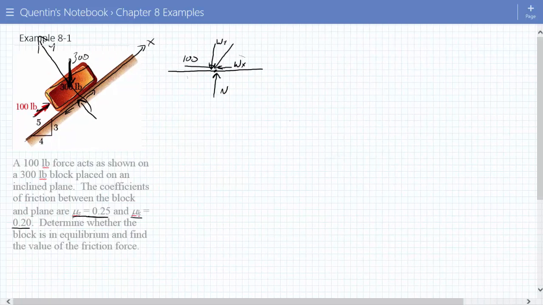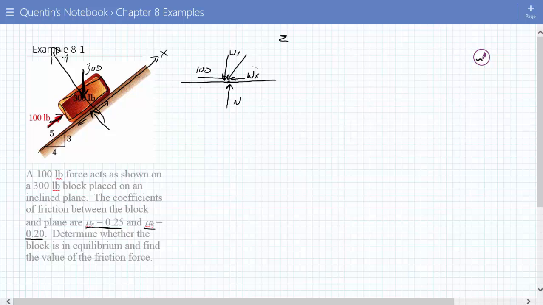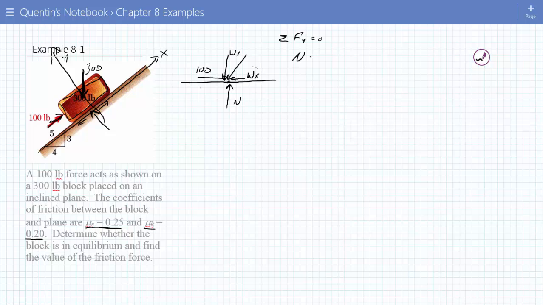Okay, so let's do some basic things. If we do sum of the forces in y is equal to 0, that says that our normal force is equal to w in the y direction, right? So what is w in the y? Well, we have this 3, 4, 5 triangle.